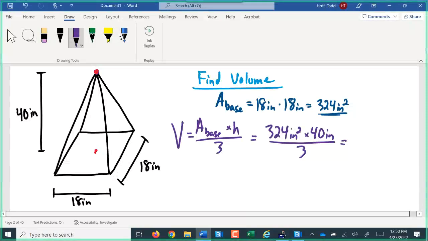That gives us 4,096, something like that. 40,960. You said divided by 3? Divided by 3. 4,320. 4,320? Yep. Inches cubed.